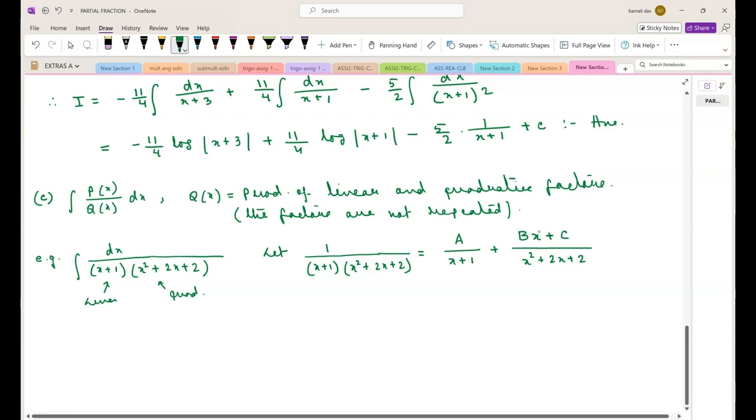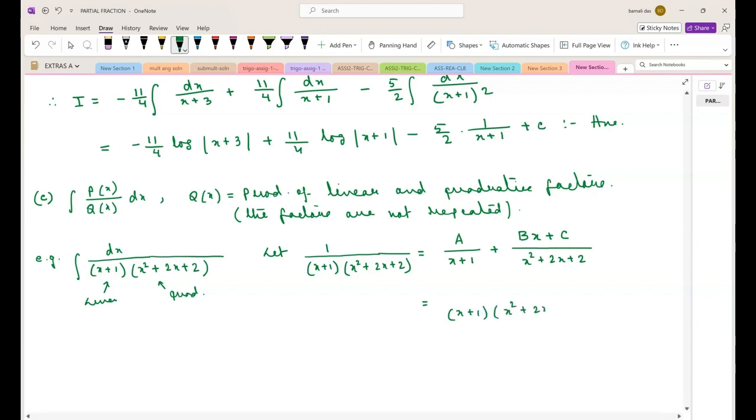So now if you see Bx plus C, it is a polynomial consisting of two unknown constants B, C. But ultimately, this polynomial is of degree 1 because the denominator is of degree 2. So there should be a difference of degree 1. So this is how you deal with a quadratic factor. And then the rest is same. So that is LCM x plus 1, x square plus 2x plus 2.